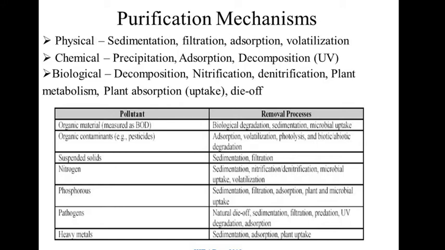Like BOD can be removed by biological degradation, pesticides by adsorption and photolysis, suspended solids by sedimentation and filtration, nitrogen by nitrification and denitrification, phosphorus by sedimentation, filtration and adsorption, pathogens by natural die-off, sedimentation and filtration, and heavy metals also by sedimentation and adsorption. So these are the various purification mechanisms or processes carried out in the constructed wetland.